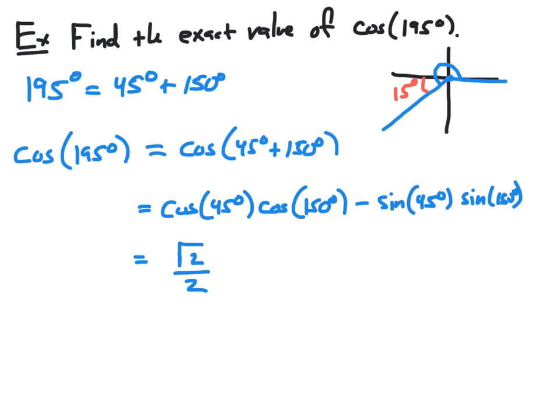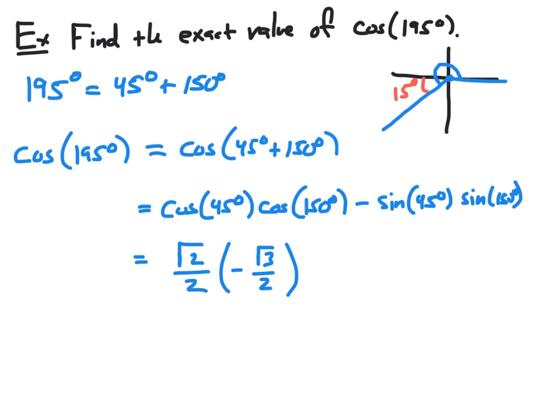This is an angle in quadrant 2, and in quadrant 2, cosine is negative, so I know cosine of 150 degrees will be a negative value. And the reference angle for 150 degrees is 30 degrees, and the cosine of 30 degrees is the square root of 3 over 2.